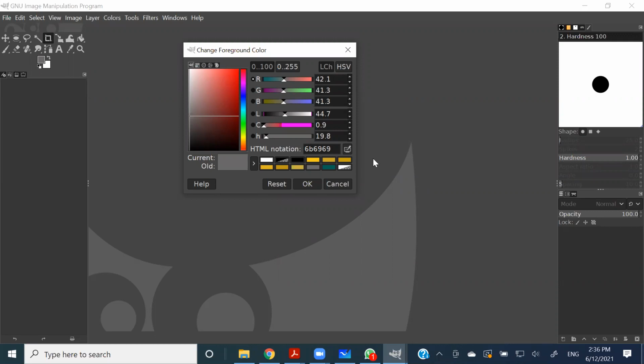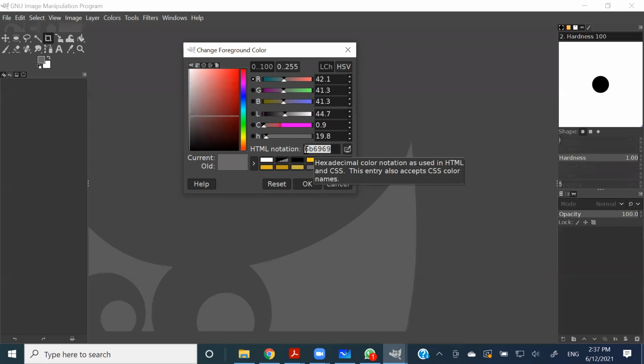Or else we can give it as an HTML notation. Now, when it comes to the HTML notation, these numbers define hexadecimal values, right? So this is the place where you can find the hexadecimal values. It says hexadecimal color notation as used in HTML and CSS.